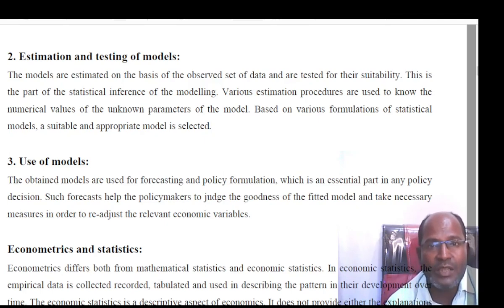Such forecasts help the policymakers to judge the correctness of the fitted model and take necessary measures in order to readjust the relevant economic variables.